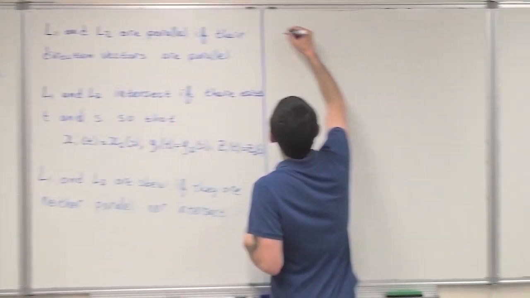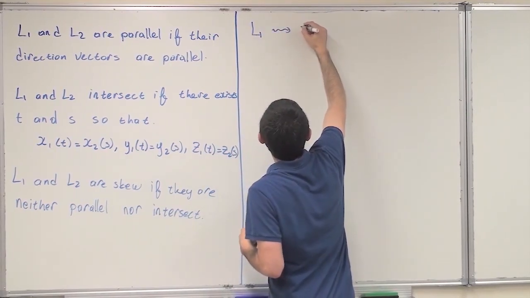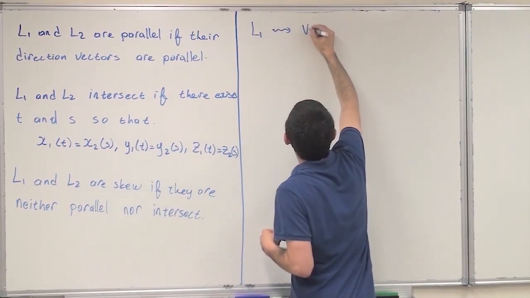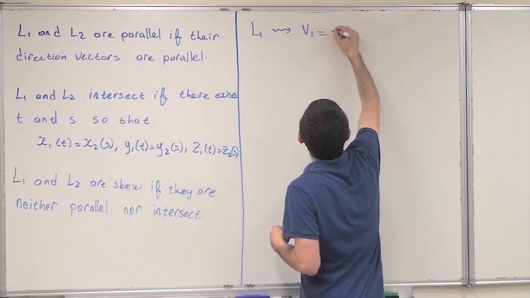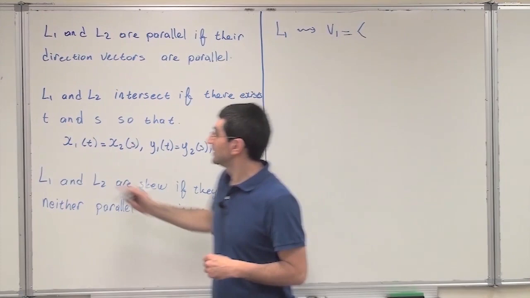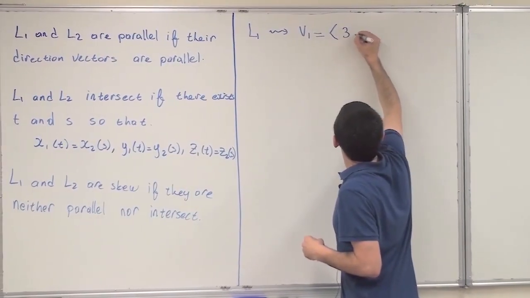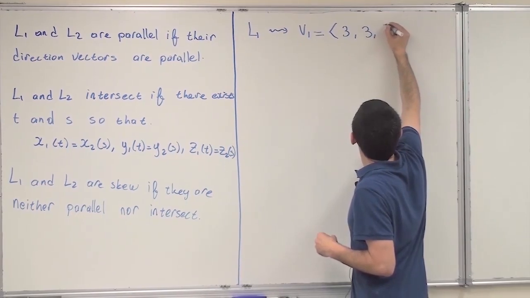The direction vector of L1, I'm going to call it V1, is given by the coefficients of the parameter t, which are 3, 3, and 5.